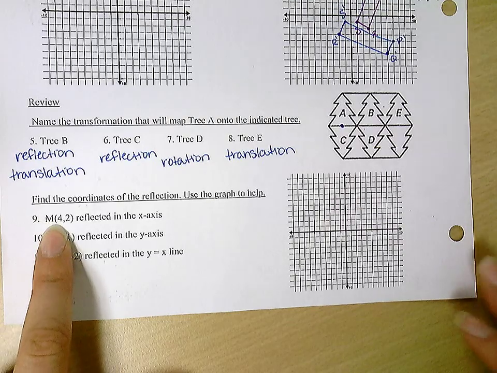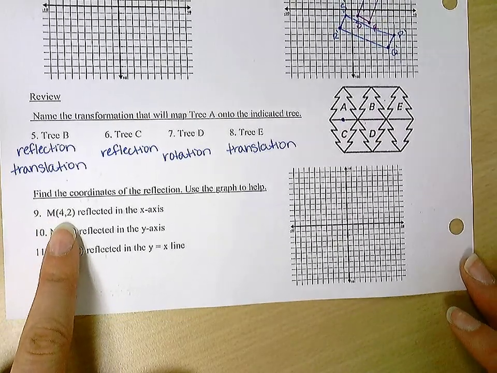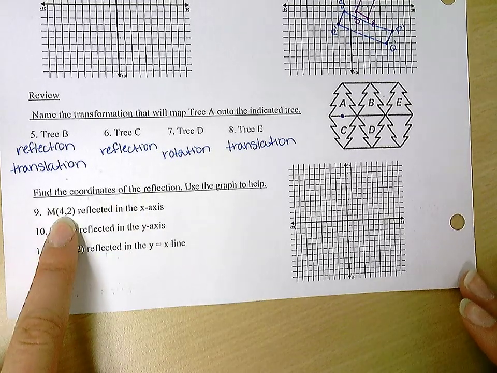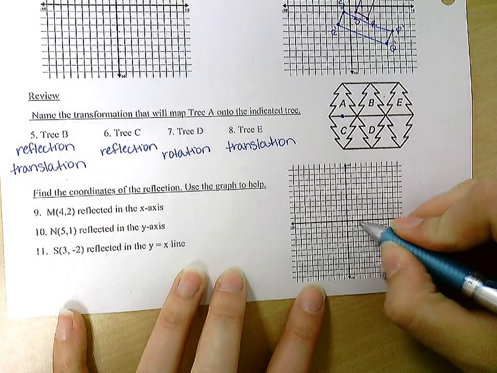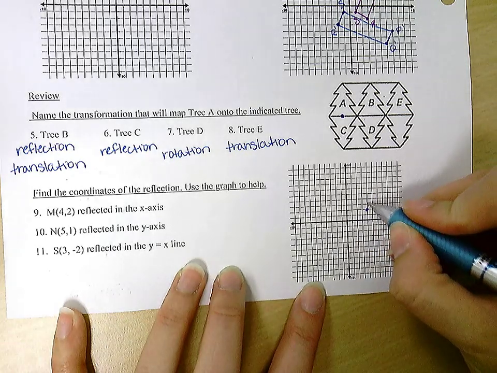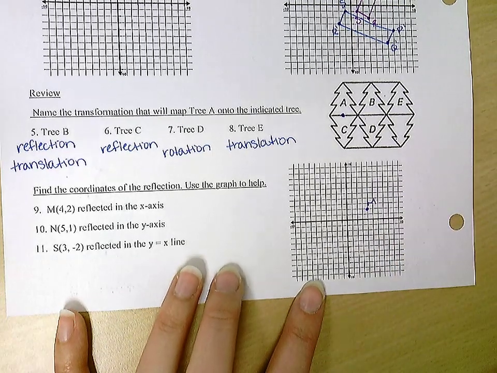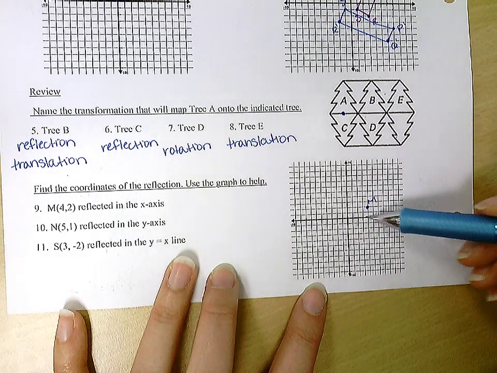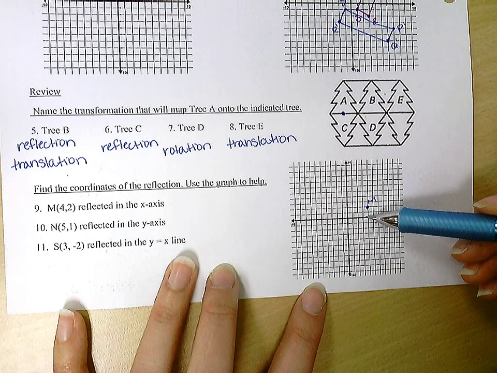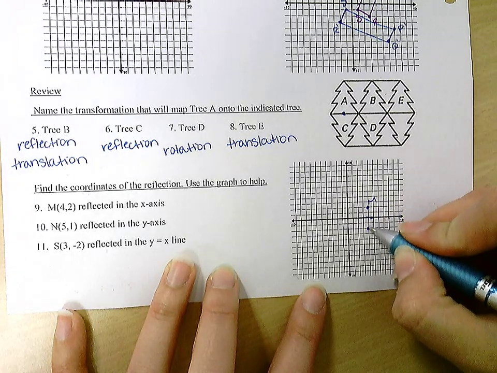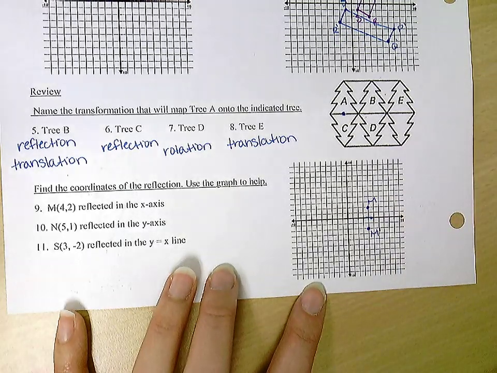So number 9, we want to take point M and reflect it over the x-axis. Okay, so we can plot point M. Here's point M, and we want to reflect that over the x-axis. That's this one right here. We're 2 away from that axis, so we'll count 2 more down to get M prime.